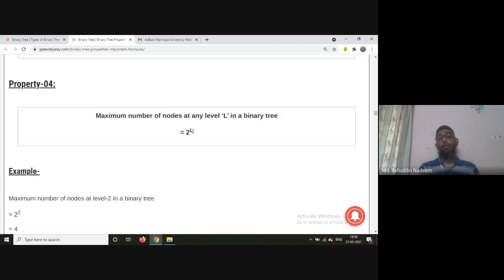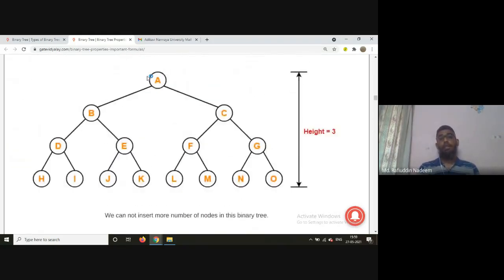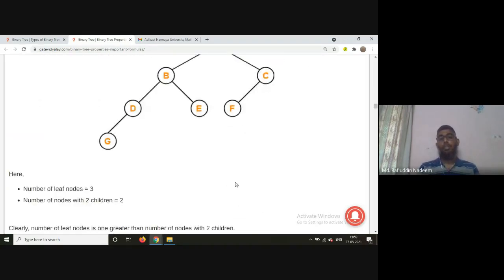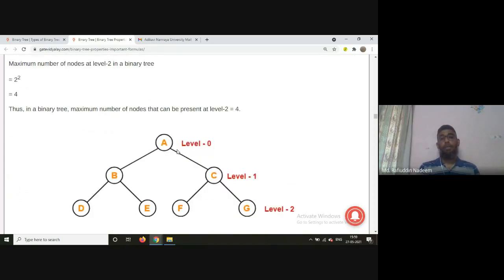At level 2, 2 square, 4 nodes. If you observe this particular tree, at level 3 it is 2 cube, which is 8: 1, 2, 3, 4, 5, 6, 7, 8. So that's what the definition states here, that the total number of nodes at any level will be 2 power L.